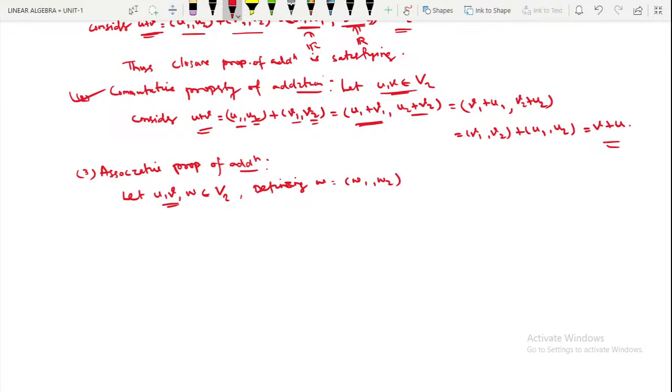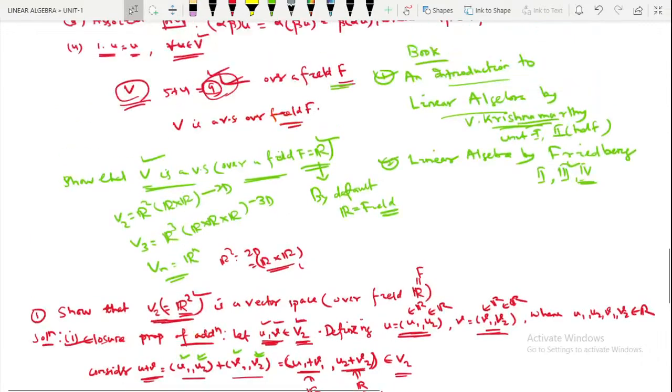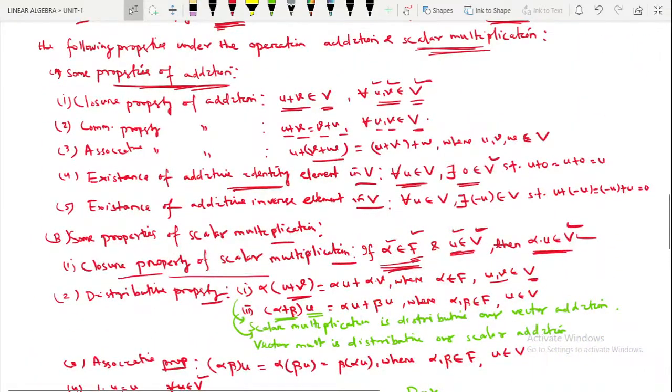Okay, so now I will calculate this. The property says (u plus v) plus w equals u plus (v plus w).